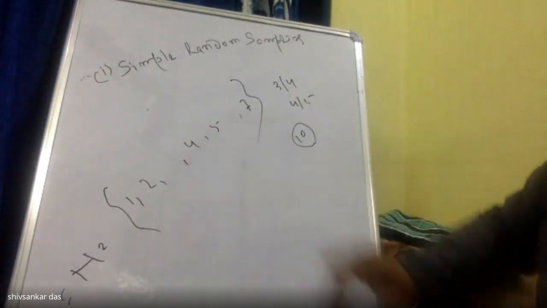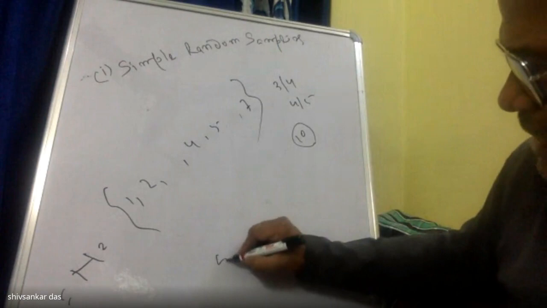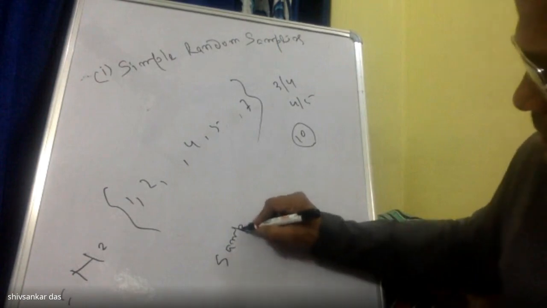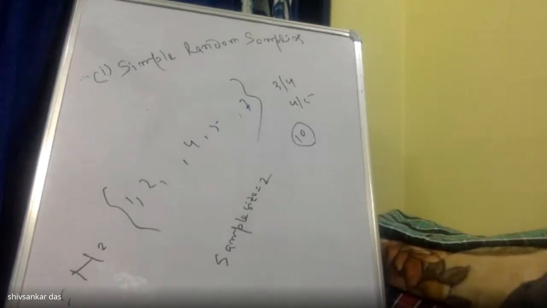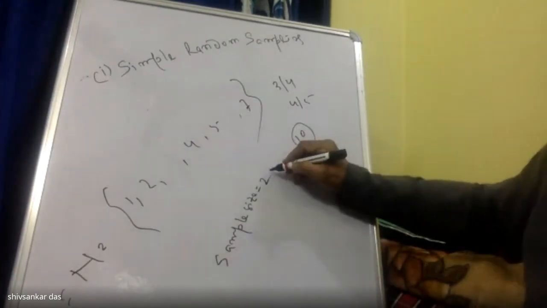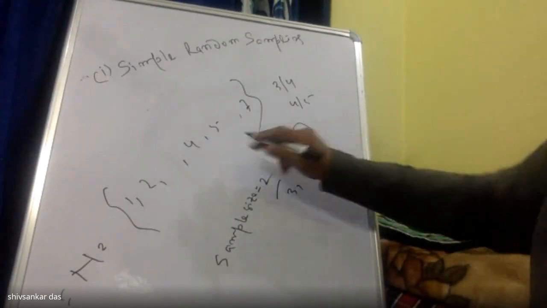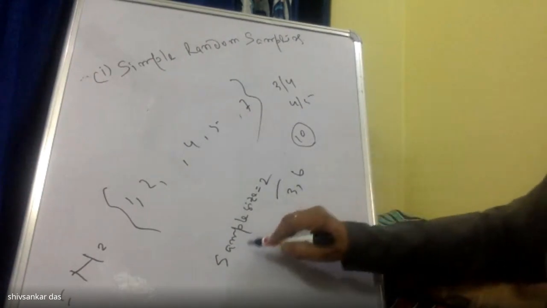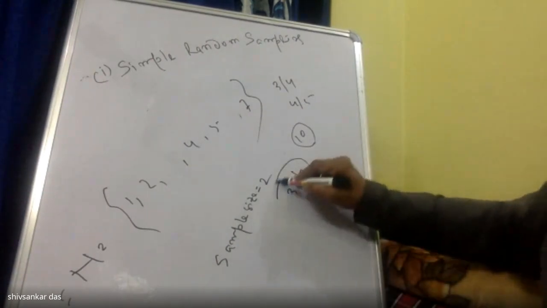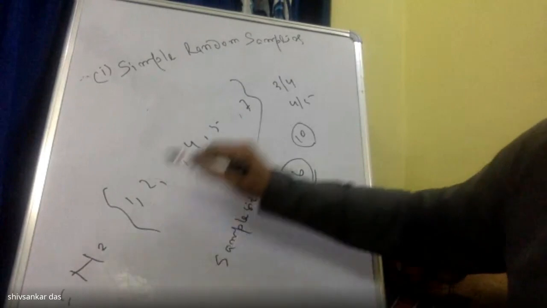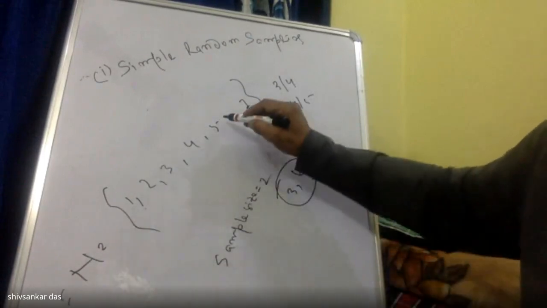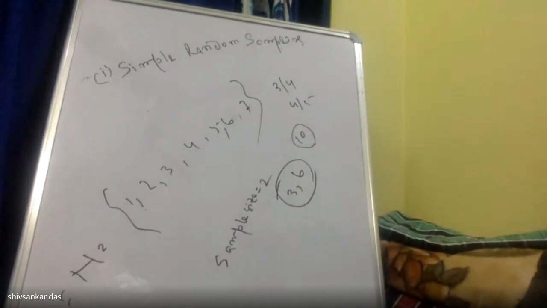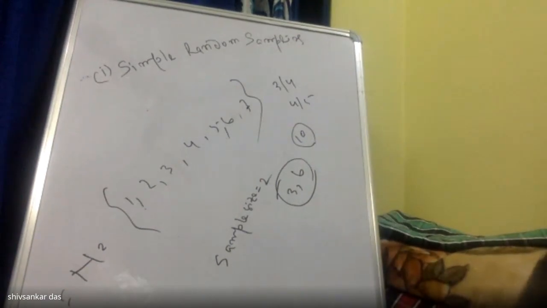Out of this population, with a sample size of 2, I draw 3 and 6. So the sample is 3 and 6, out of population size 7.